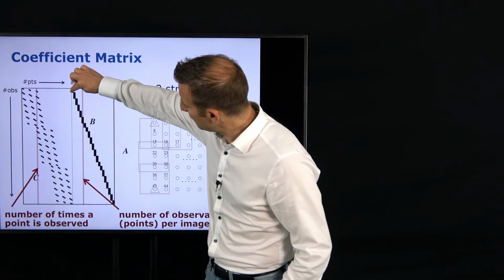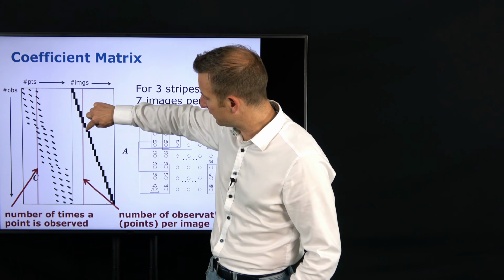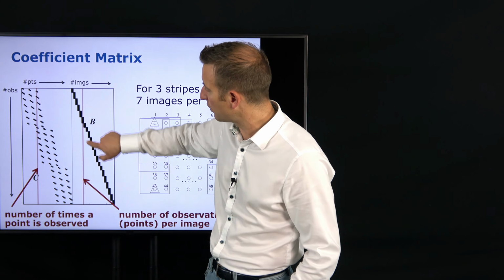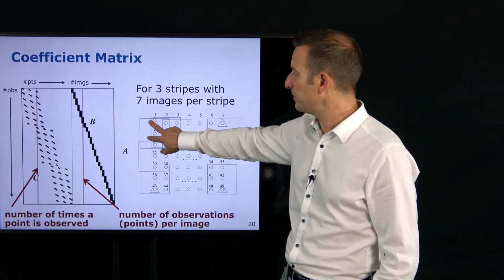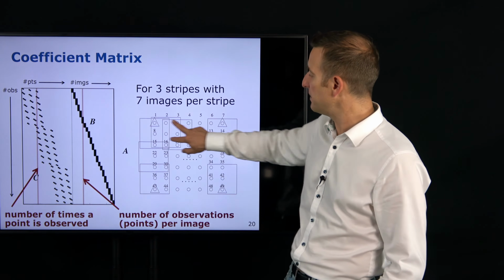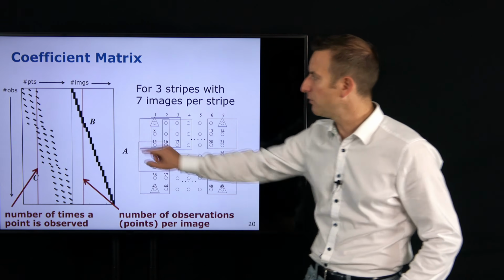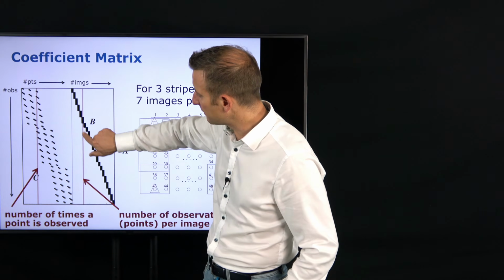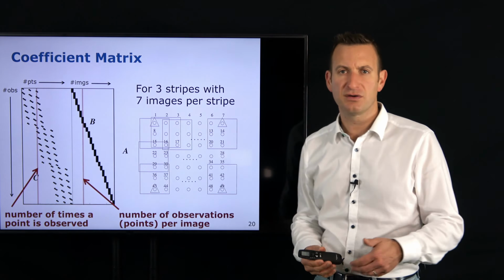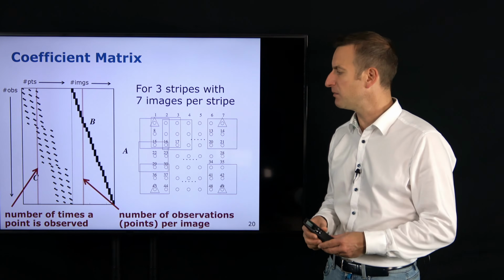You can also see that these blocks, the 1st, the 7th, the 8th, and so on, are smaller than the others. The reason is that these were the images at the beginning and the end of a stripe, where I only observed 6 points instead of 8 points. Therefore those blocks are a little bit smaller, because 3 points less are observed.